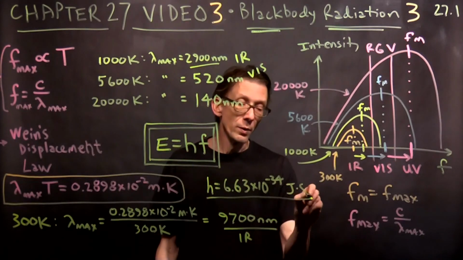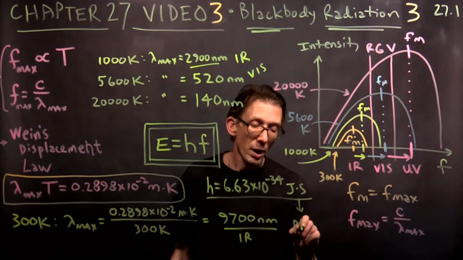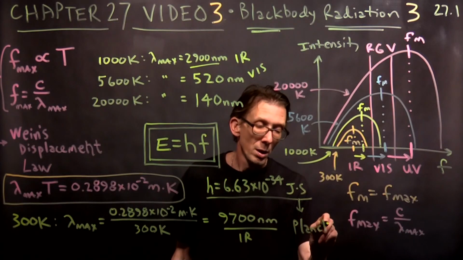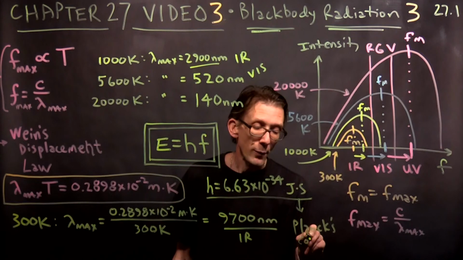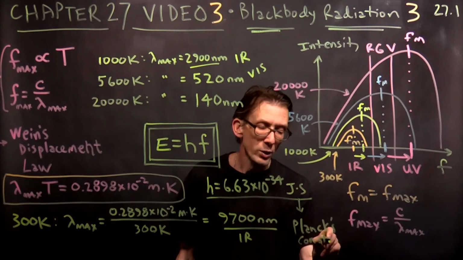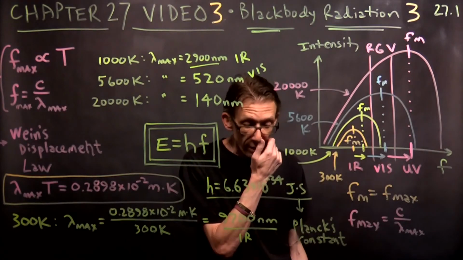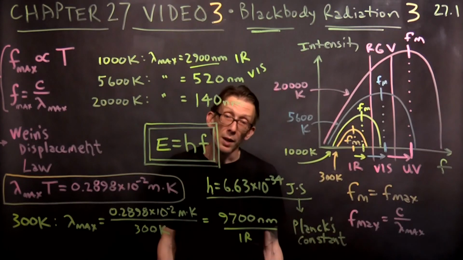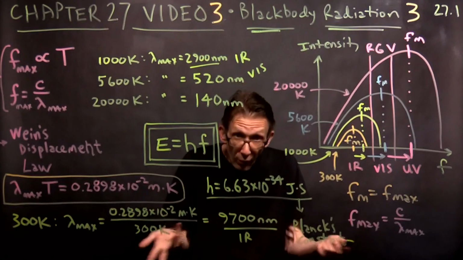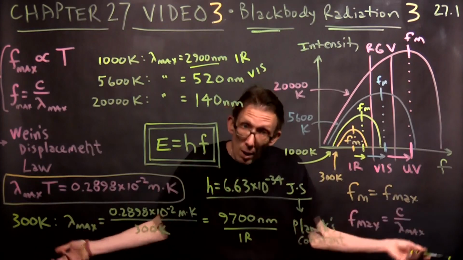A quantity known as Planck's constant, and I believe we have mentioned this before. It's just a constant for our money right now. It's a super important one, but it's just a constant.